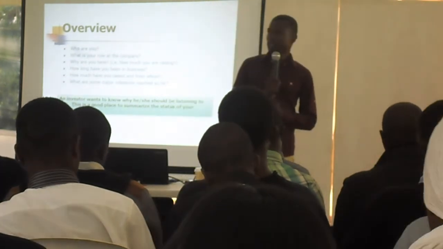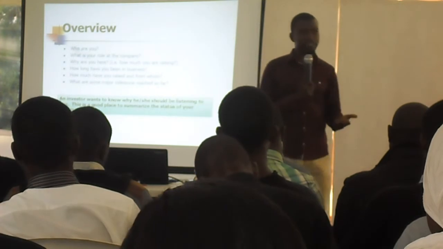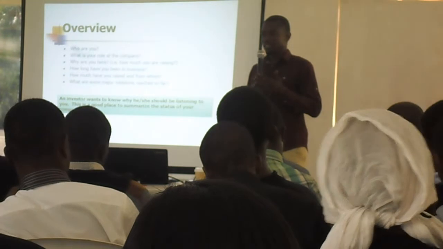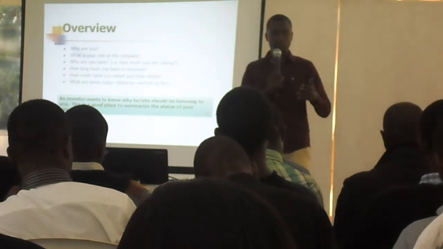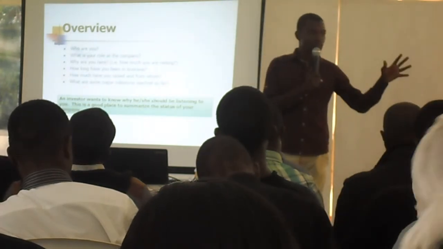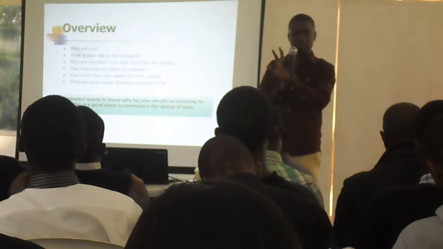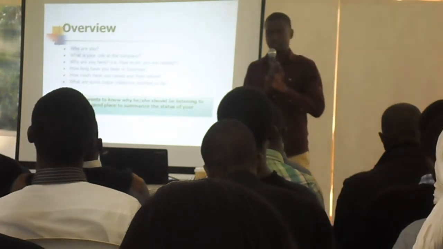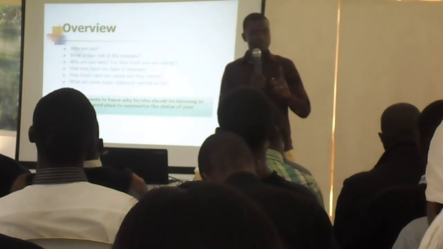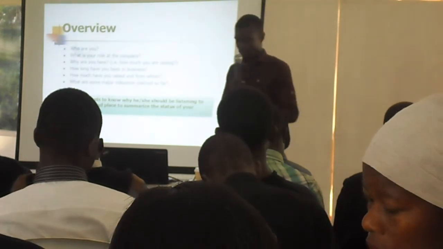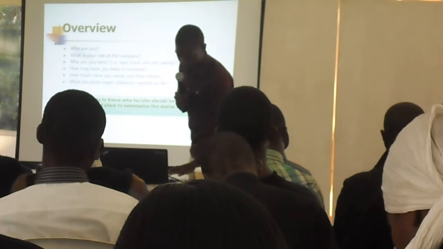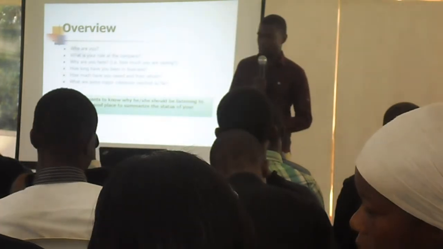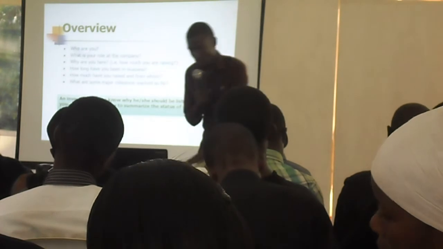It's always good to mention what you've done and what you're looking forward to doing, because it differentiates you as a person with a PowerPoint from an actual person with a working model or an MVP. You all know what an MVP is, don't you? Minimum viable product. An investor wants to know why he or she should be listening to you. This is a good place to summarize the status of your company.